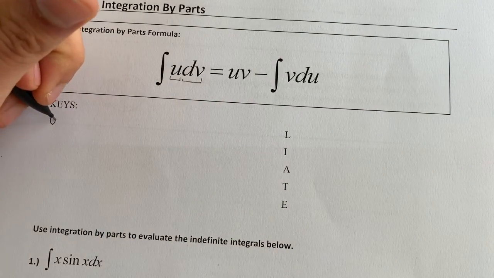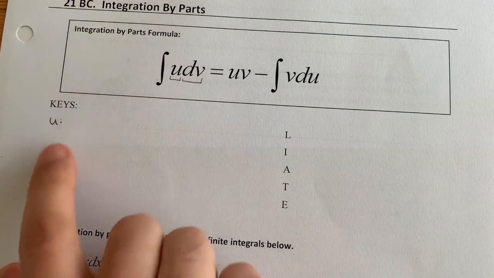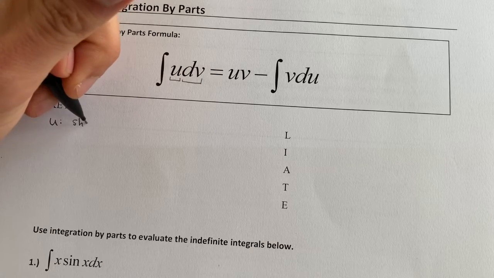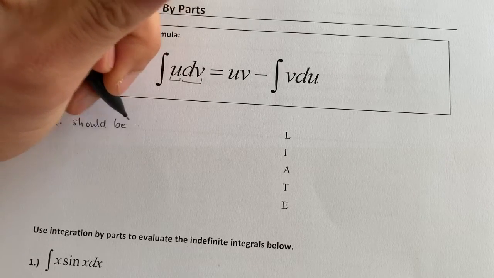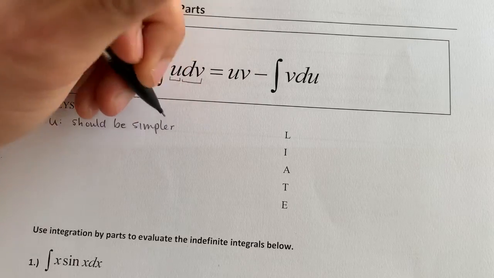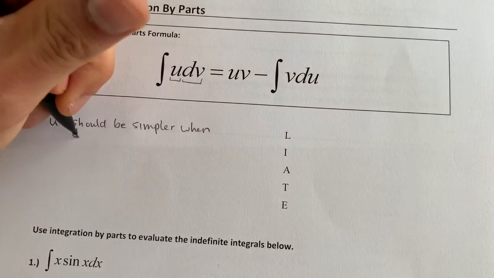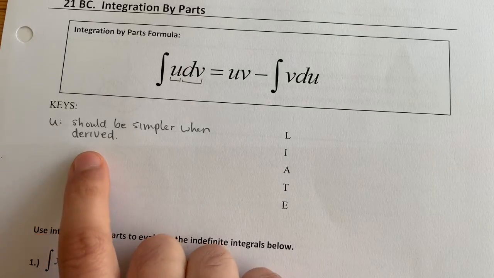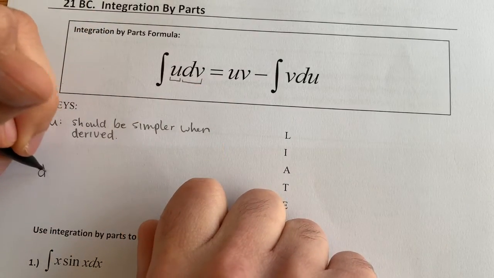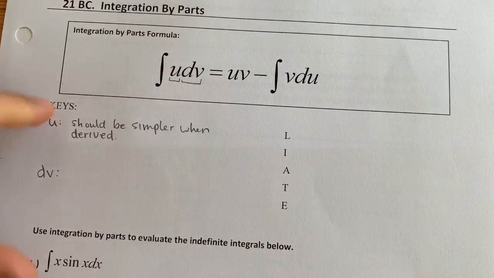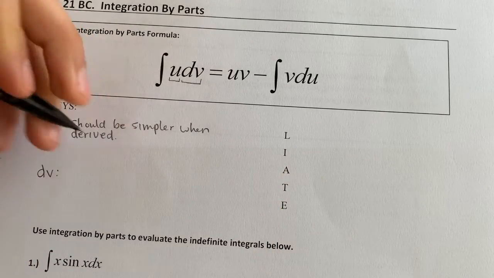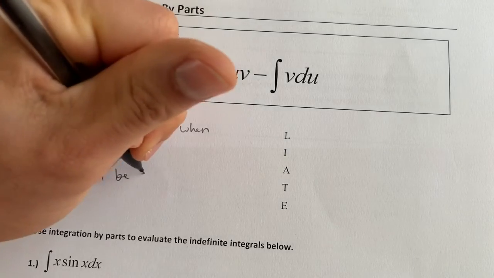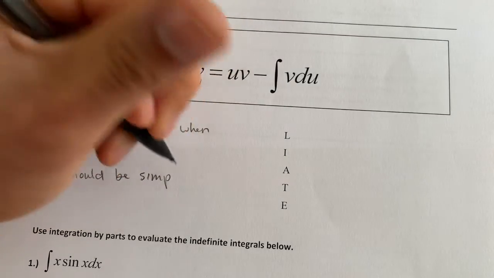So here's the key. When you pick the U part, you want it to be a part that would be simpler when derived. And then we're going to have to pick a dv part, and since it's already dv, it's already the derivative, this one needs to be simpler when anti-derived.